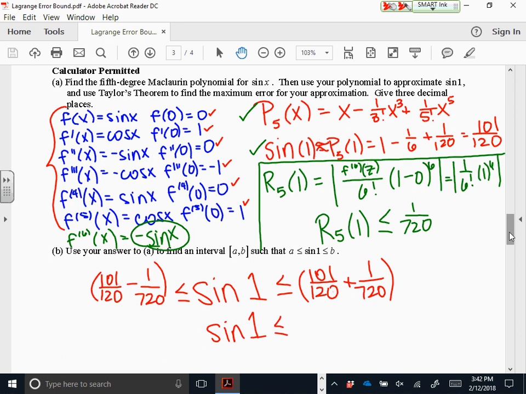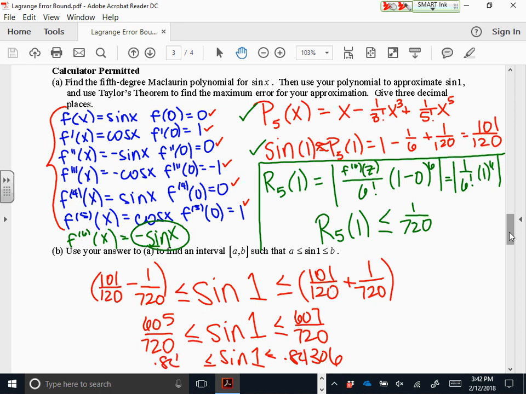I'll save you some time here. This would be 607 720ths and 605 720ths. If we were to approximate that with a decimal, we'd be here. With a polynomial, we can get pretty darn close.